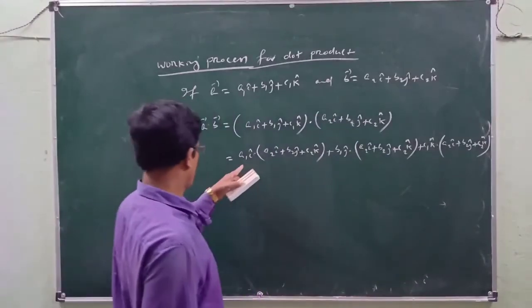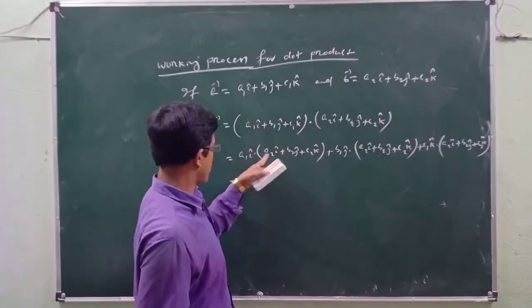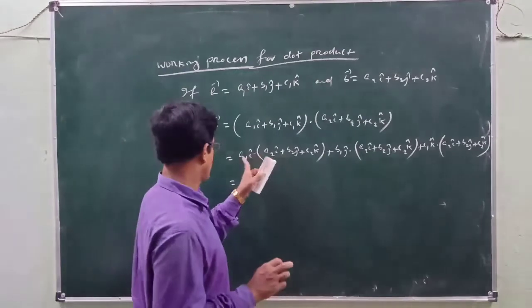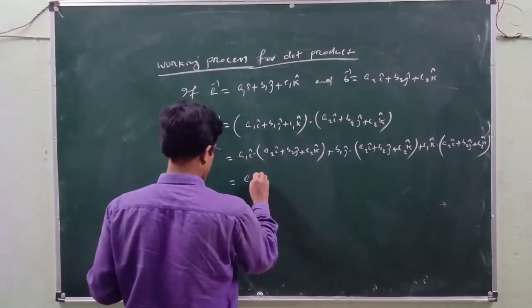Now look, we know that I cap dot I cap is 1, so it will be A1 A2.